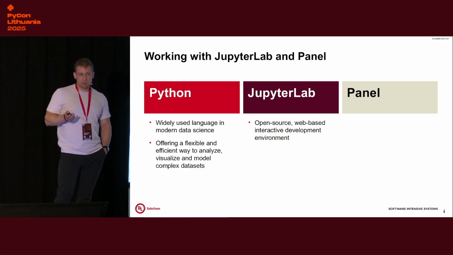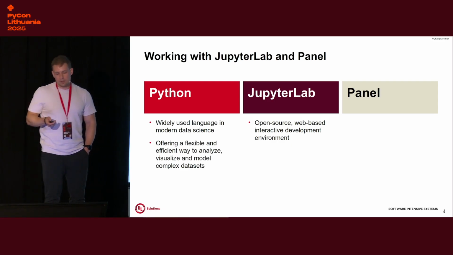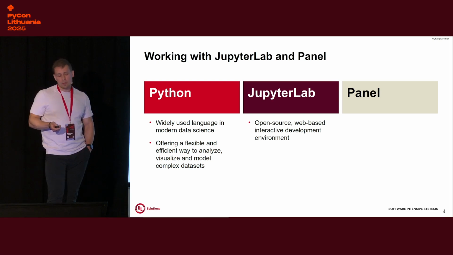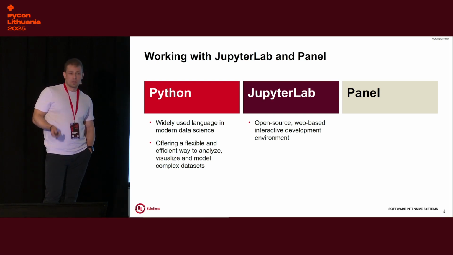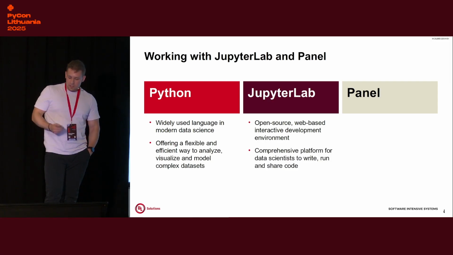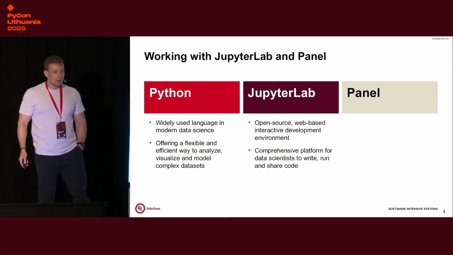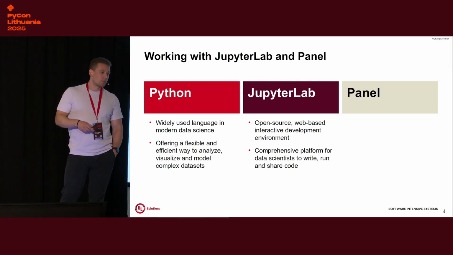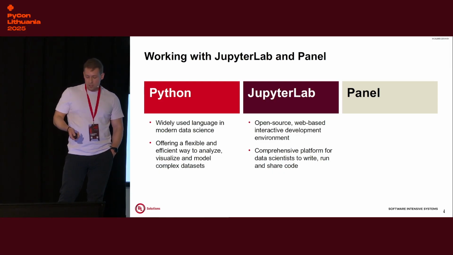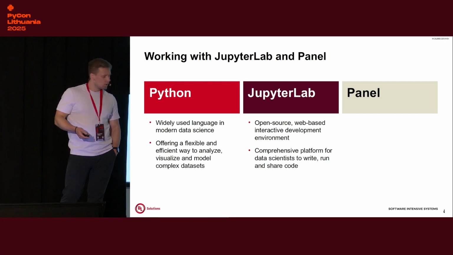JupyterLab, I expect most of you have heard of it before or have used it even. It's basically a development environment for Jupyter notebooks. You can write your code documents there and execute them cell by cell and have immediate results, right? So data scientists like to use it as well. They also use different tools and languages, but JupyterLab is kind of popular, I would say.